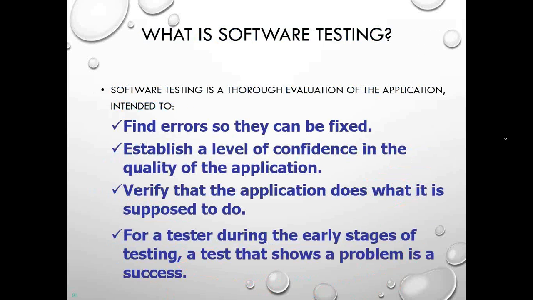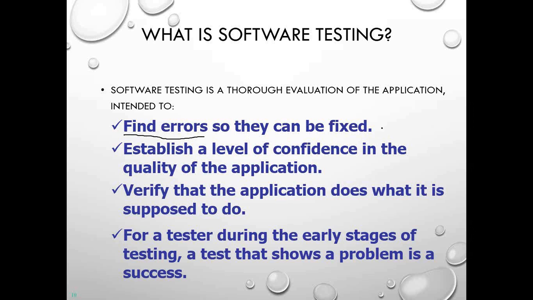What is software testing? Let's understand that. Why is it essential for the quality assurance analyst to understand what exactly testing is all about? Because on a day-to-day basis, that's what he or she will be doing on their job. So software testing is a thorough evaluation of the application intended to, number 1, find errors so they can be fixed.